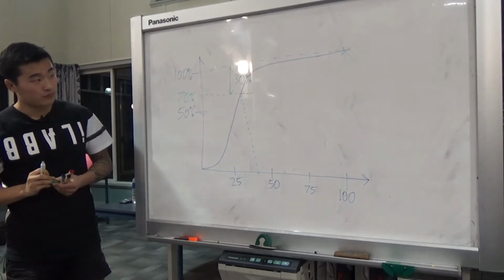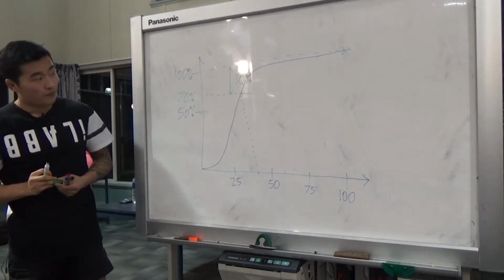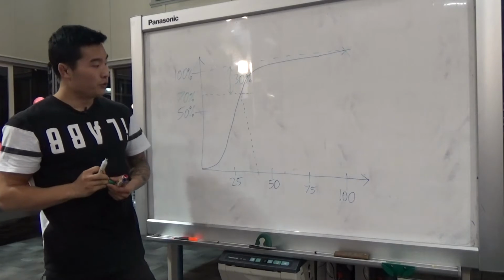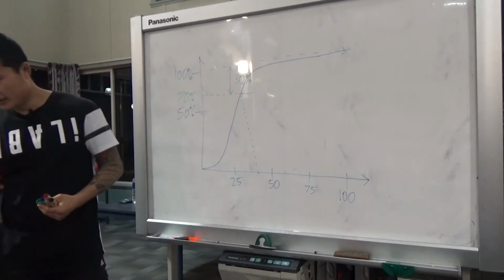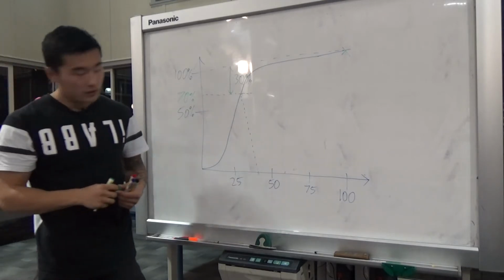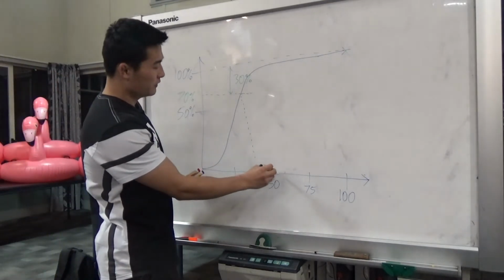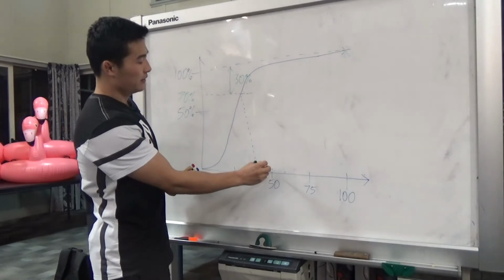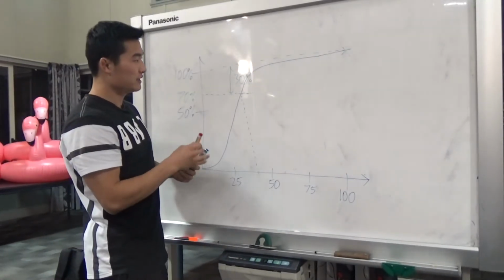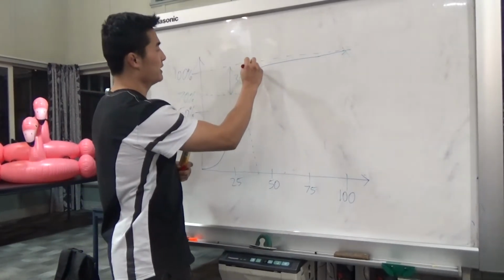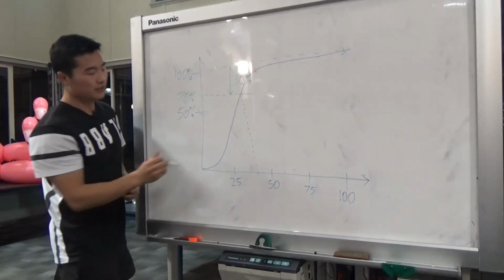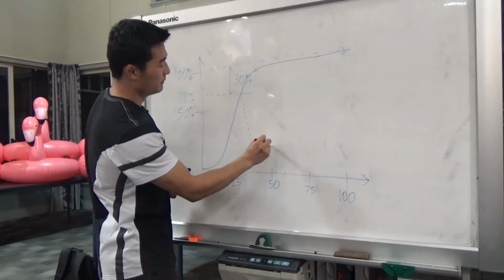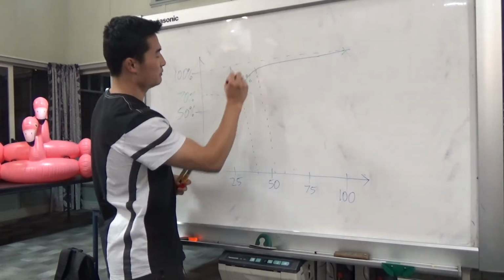Now at high altitude, the partial pressure of oxygen can only get to a maximum of about this much here. My graph isn't completely accurate, but it only gets to about 60 millimeters of mercury.